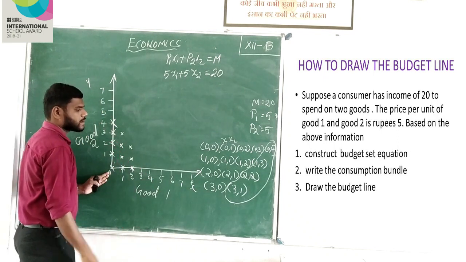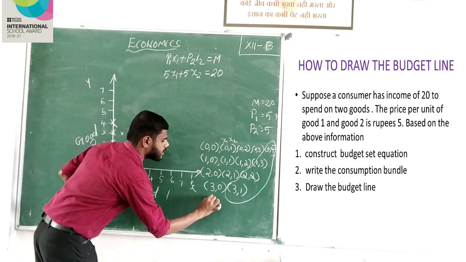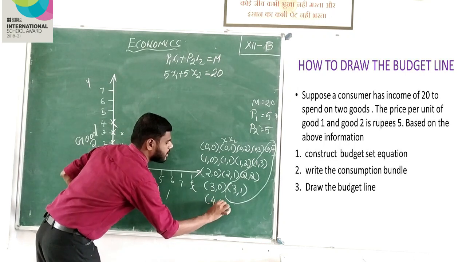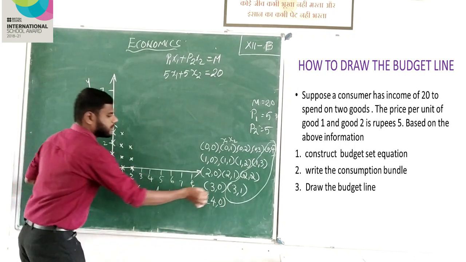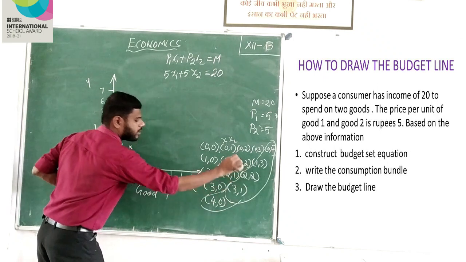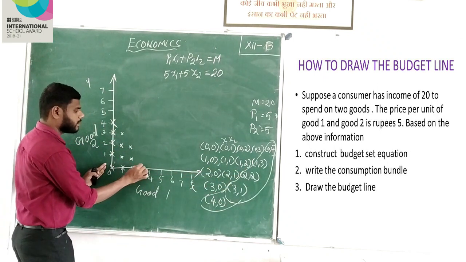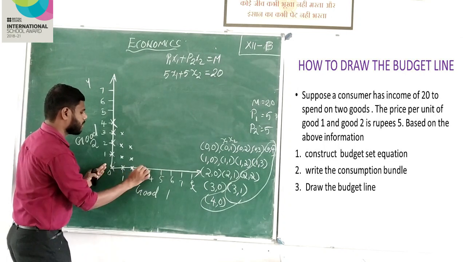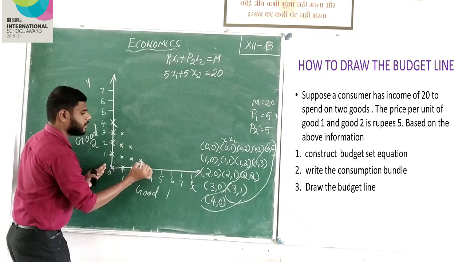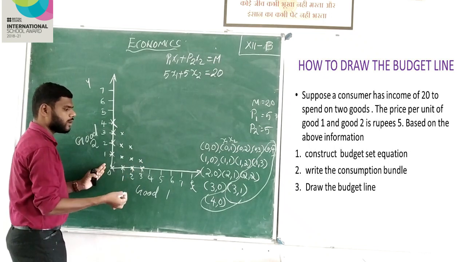Here we missed one possibility, that is 4, 0. This one also is exactly equal to the income. Now, next one 3, 0. Next one 3, 1. Next one 4, 0.